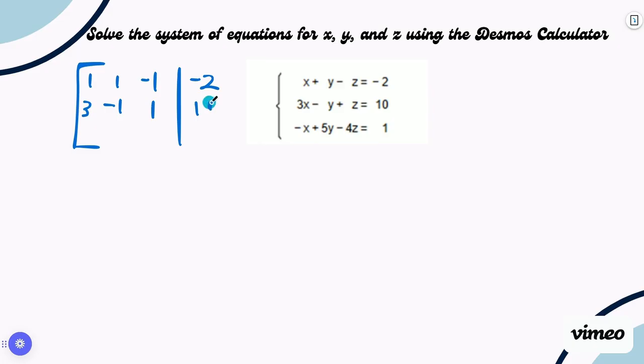And then that last equation, negative 1, 5, negative 4, 1. Okay, so this is our augmented matrix.